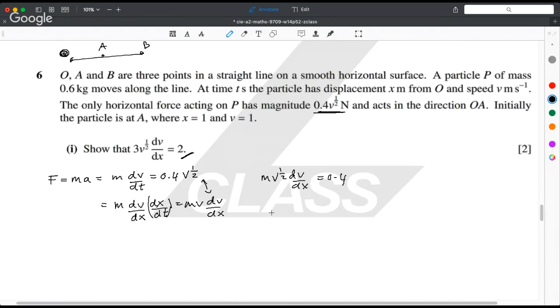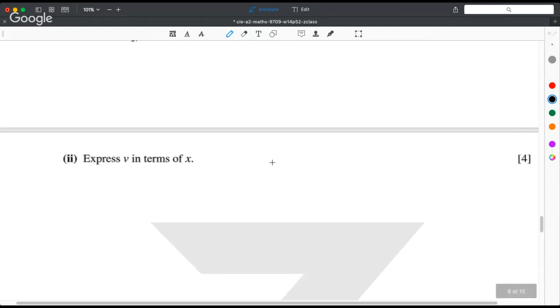Then you divide both sides by m, which is 0.6, and divide both sides by 0.05 or something, and you will get this relationship. 0.6 will turn into a 3, and the 0.4 will turn into a 2. You know what I'm saying?